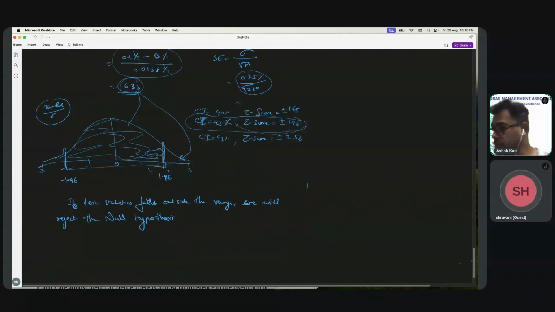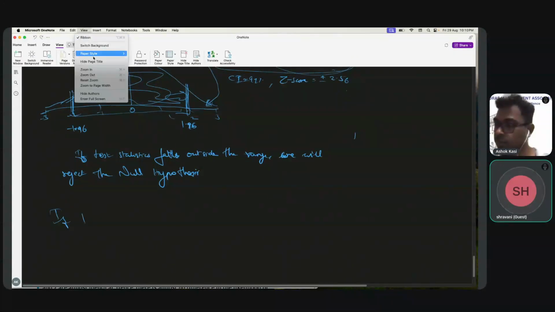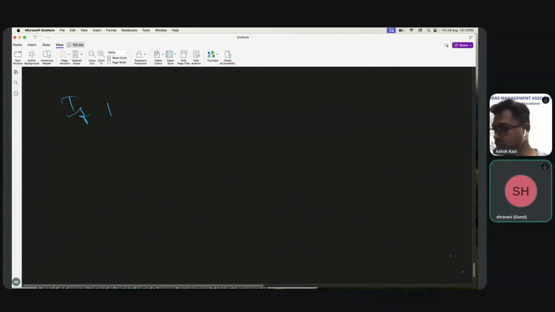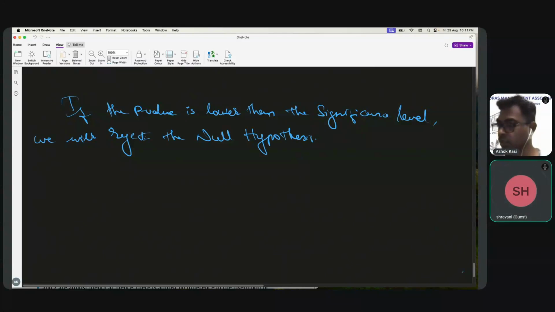See, if the p-value is lower than the significance level, we will reject the null hypothesis.